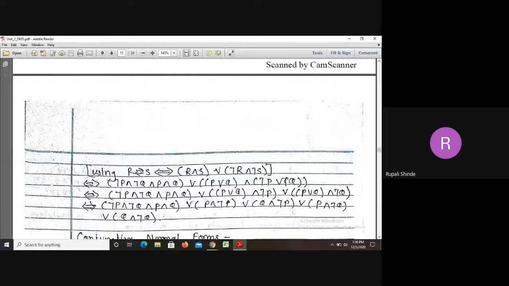Now in the next step we have applied the distributive law: P or Q and negation P, this is one term, or P or Q and negation Q, this is another term, and the first term we kept as it is.